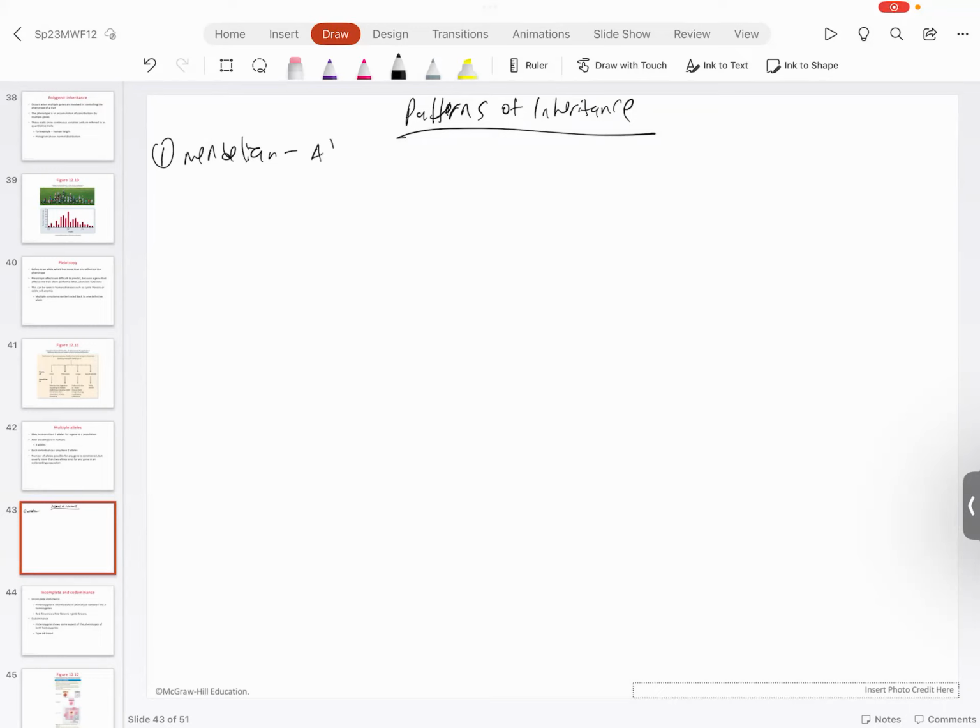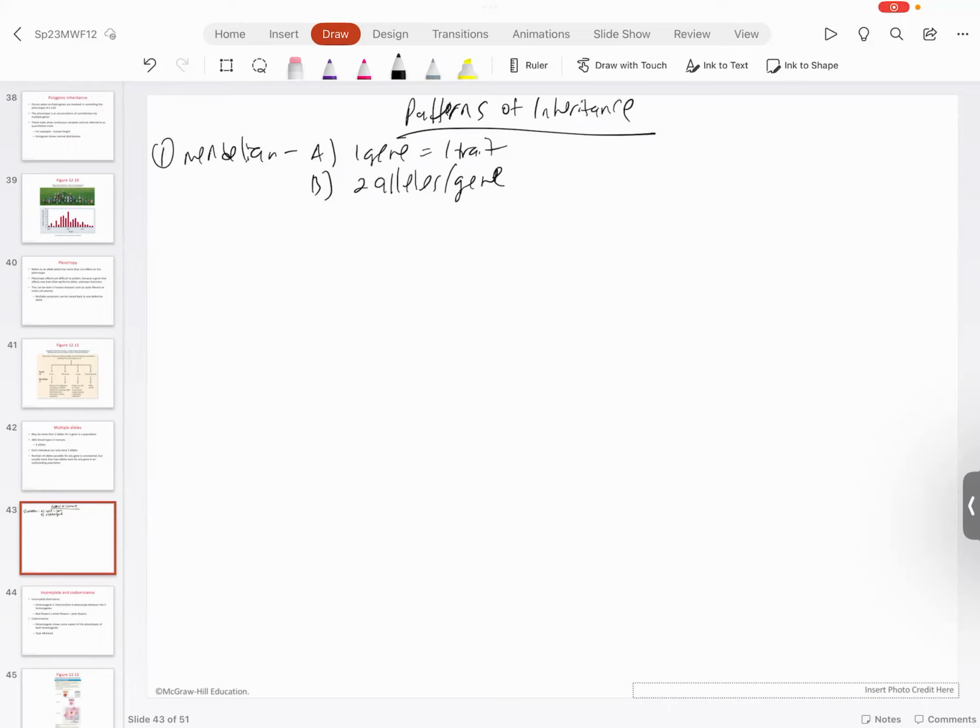The first one is that Mendel saw one gene, one trait. Flower color was the function of the flower color gene. That was it. What Mendel also saw was two alleles per gene. You either had purple or white, yellow or green, smooth or wrinkled.